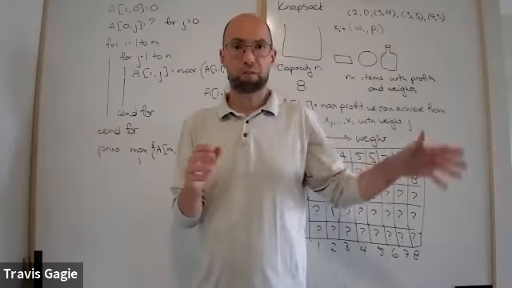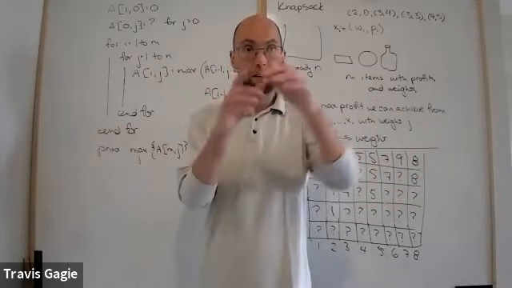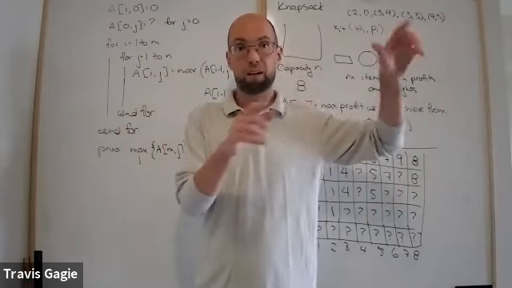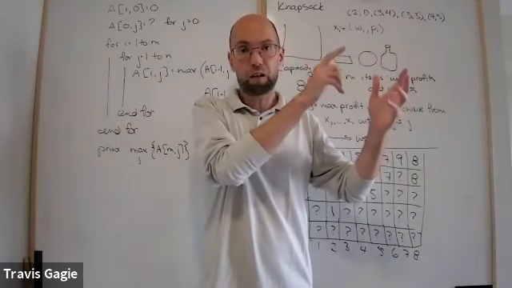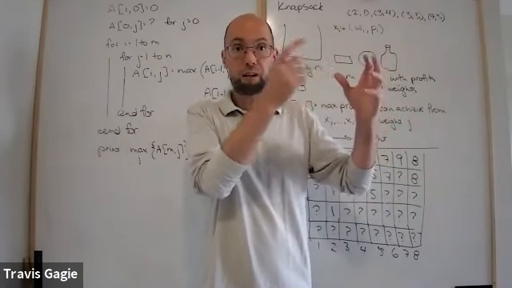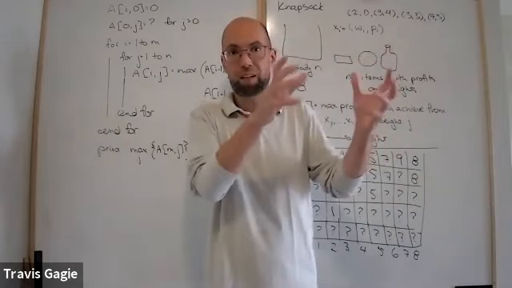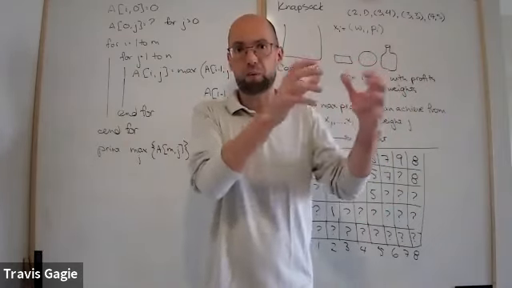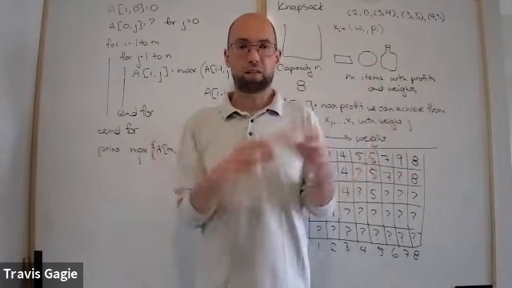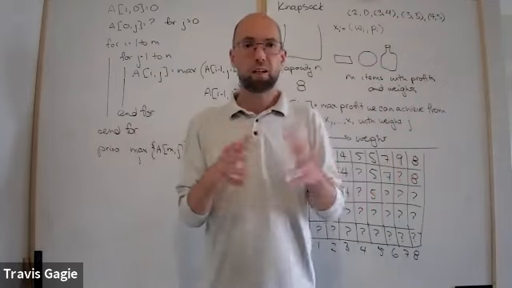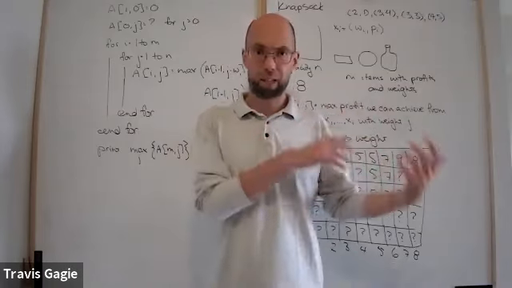So in the first case, it's the 2 from the watermelon plus the maximum profit from the first i minus 1 items with weight exactly 10. If I don't take the watermelon, I'm looking for the maximum profit I can get with weight exactly 15 from items that came before the watermelon.